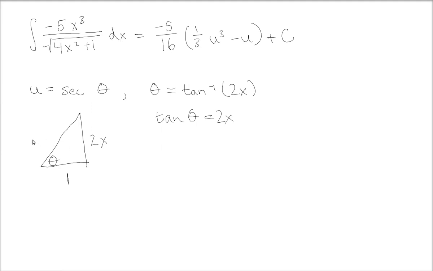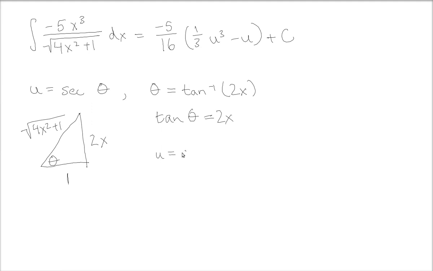And to find the length of this side, we're just going to use the Pythagorean theorem, which says a squared plus b squared equals c squared. So this side is going to be given by the square root of 2x squared, which is 4x squared, plus 1 squared is 1. So now let's find out what secant of theta is.